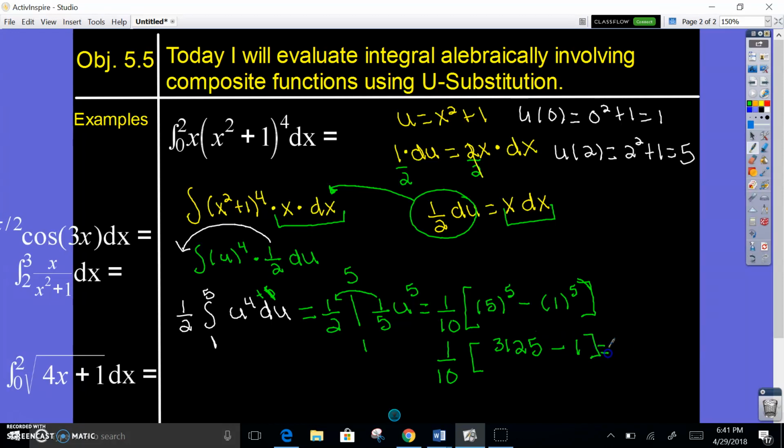So the result here is going to be 3,124 divided by 10. You do not have to divide it out, but if you reduce it, I went ahead and found that it is 1,562 over 5. And so both of these answers would work. So that's pretty much it. Example number 3 done. I'm going to do one more example and then I'm going to let you guys try it out.